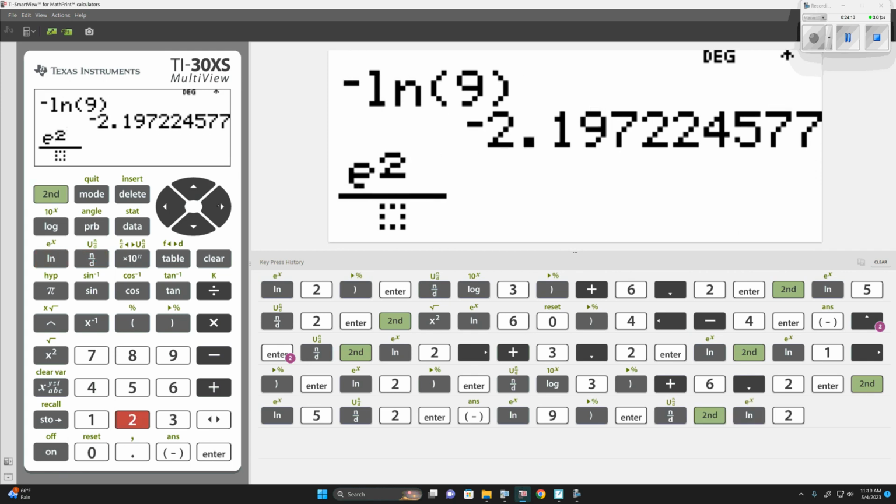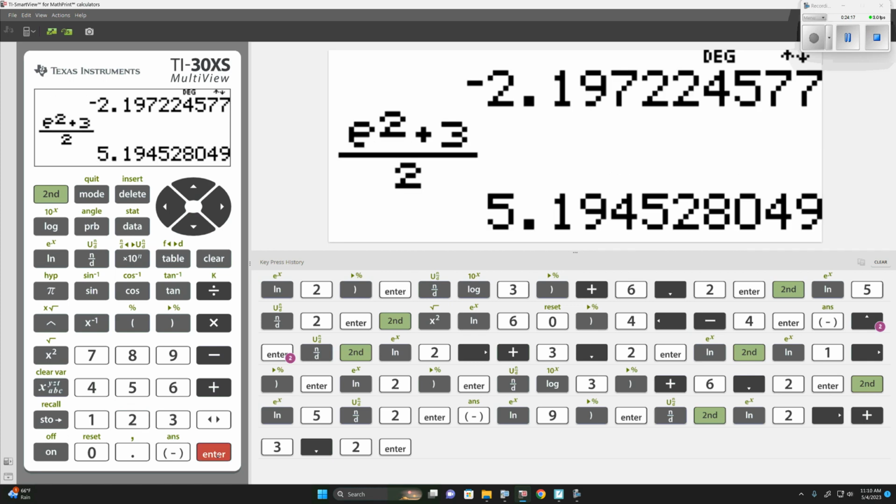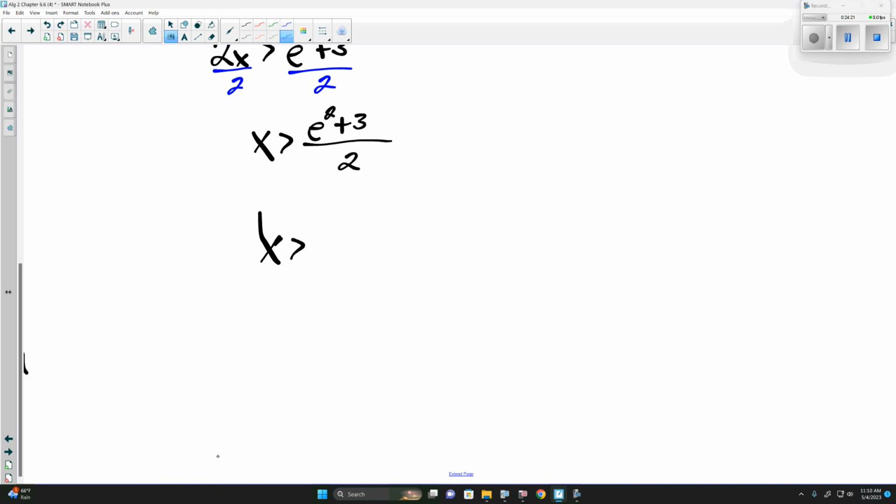E squared plus 3 all over 2 is 5.195. Well, our restriction said that x had to be greater than 3/2 or 1.5. But since it is, this would be the solution.